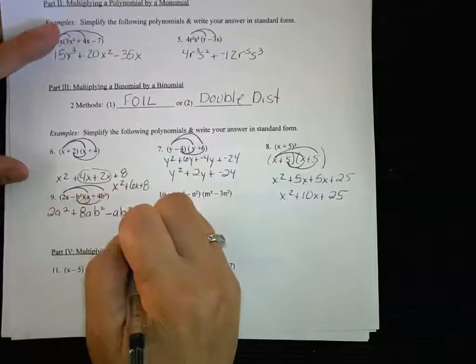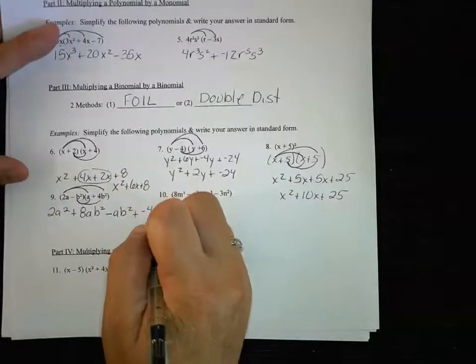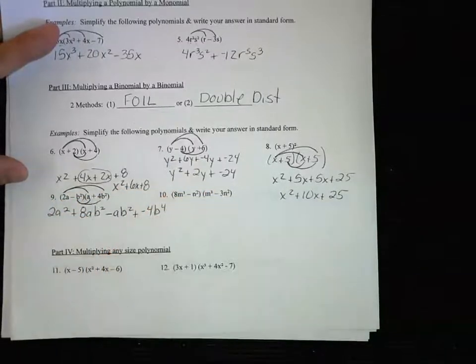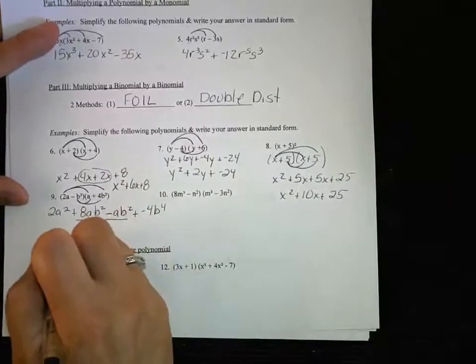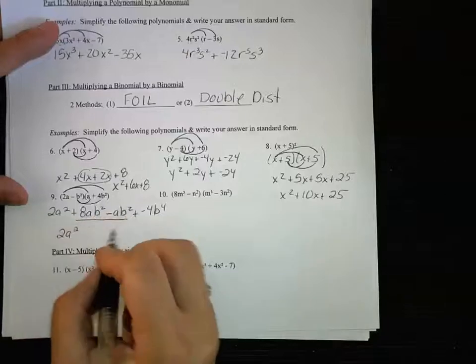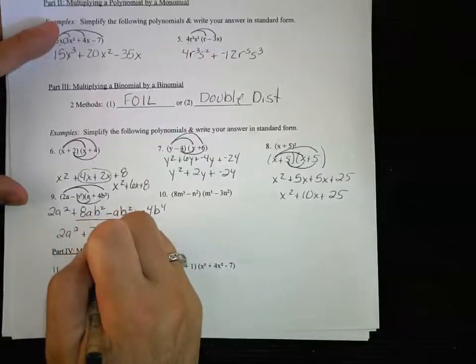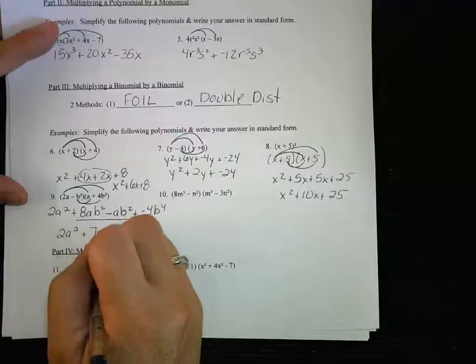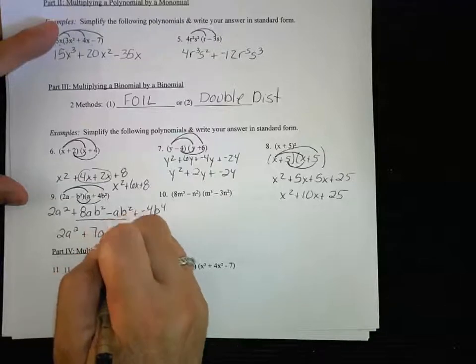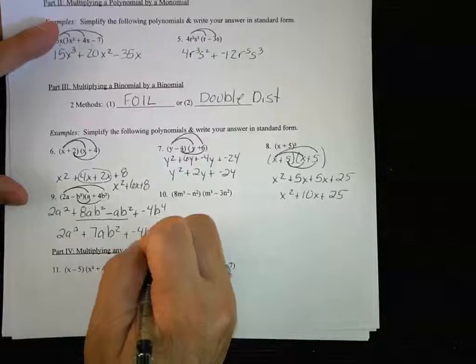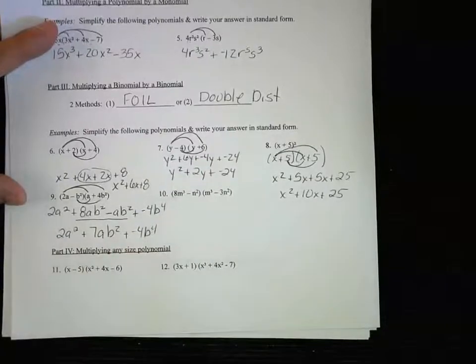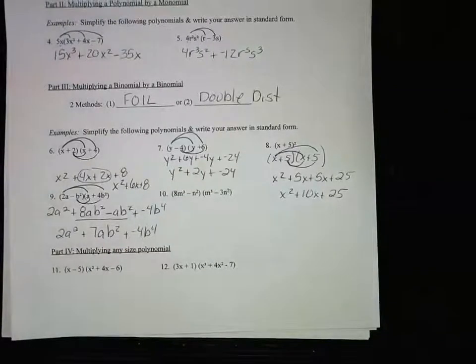And then last, negative 4b to the fourth. B squared times b squared is b to the fourth. These two can be combined. 8ab squared minus ab squared is 7ab squared. And then negative 4b to the fourth.